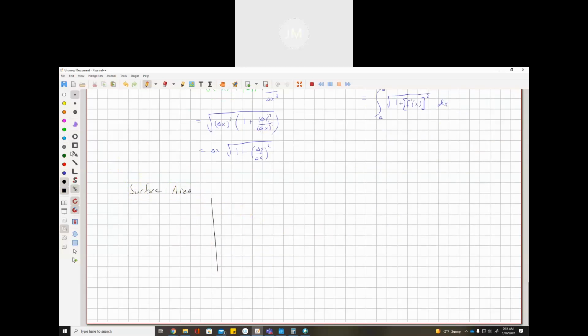Right, so if I have some curve and I rotate that curve around an axis, that's going to give me an object, and I can find what's the surface area of that object, right? And so to find the surface area, I can think of taking this curve, and when I rotate it around, it gives me a two-dimensional surface in 3D, and I want to find the area of that surface.